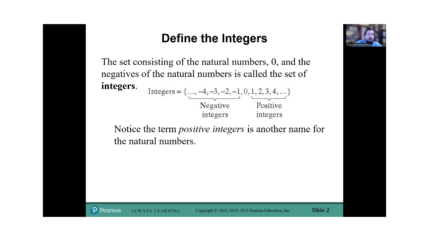Positive integers is another way of describing the natural numbers. Natural numbers are just those counting numbers without 0. Whole numbers are the natural numbers with 0, and then integers are all of those numbers combined with the negatives.